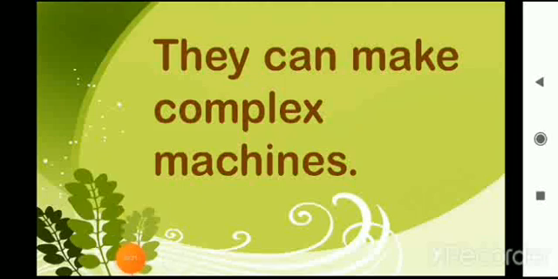A pair of scissors is made up of what? It is made up of two levers, right? And if we take complex machines apart, we will see simple machines in some form at work, right? So, what happens when two or more simple machines are put together? They will become complex machines, right?